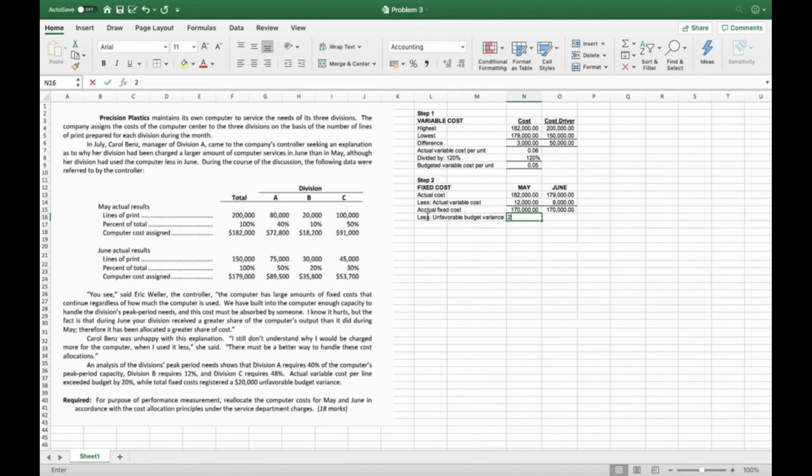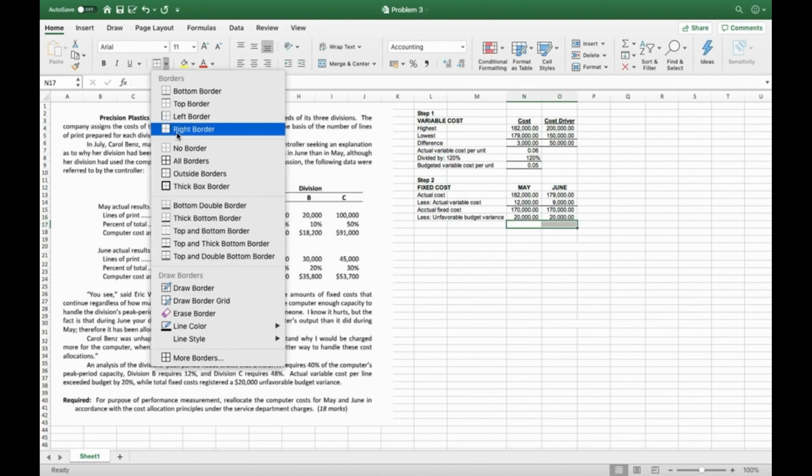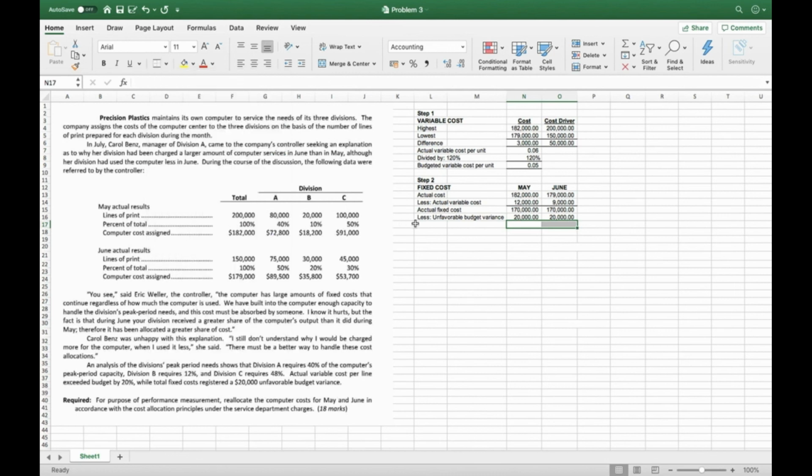Then we consider the unfavorable budget variance of 20,000 to get the budgeted fixed cost. Take note that whatever month we compute from, we will still arrive at the same amount of budgeted fixed cost, which is 150,000.